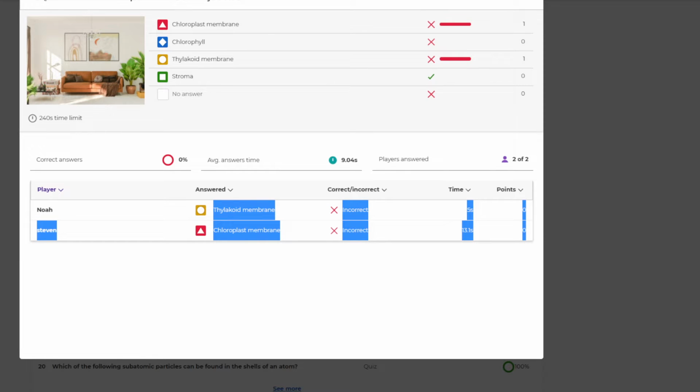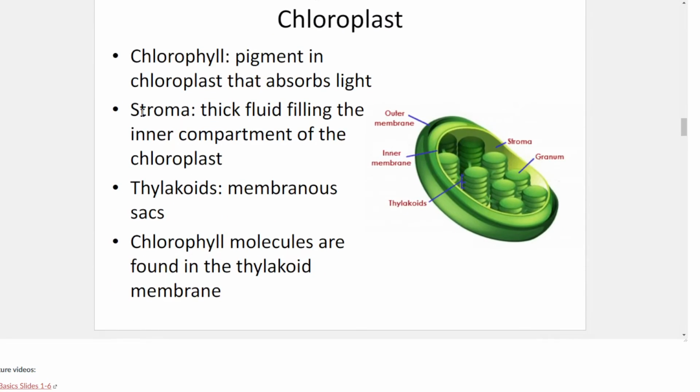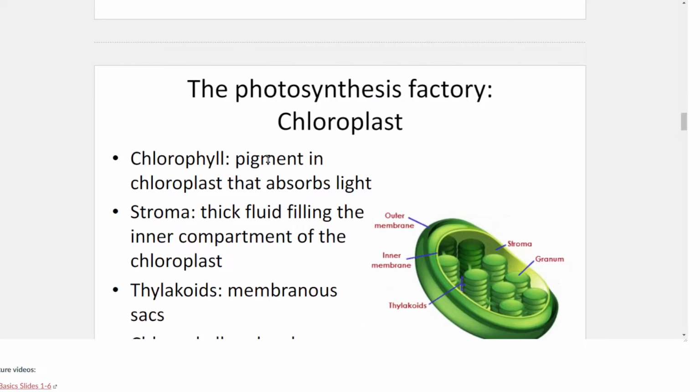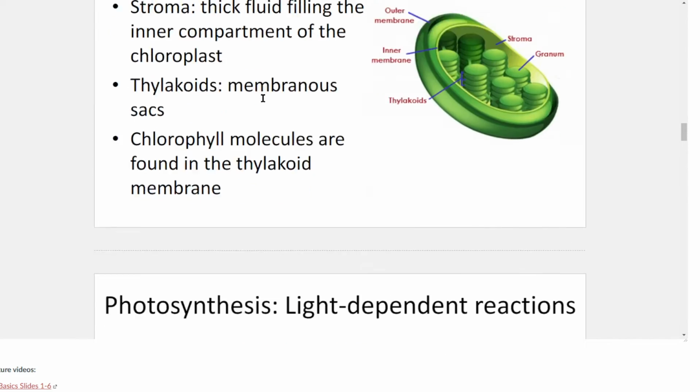It's the stroma. What is the stroma, you ask? The stroma is the cytoplasm. Do you know the cytoplasm of a chloroplast? This is where Calvin cycle occurs. Let's look at this right here. The stroma is thick fluid filled the inner compartment of the chloroplast. This is like the chlorophyll of chloroplast. No, not chlorophyll.